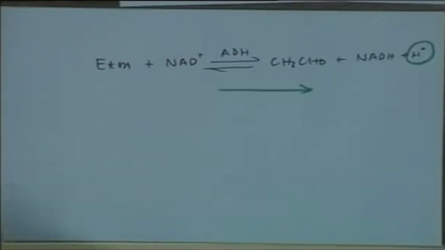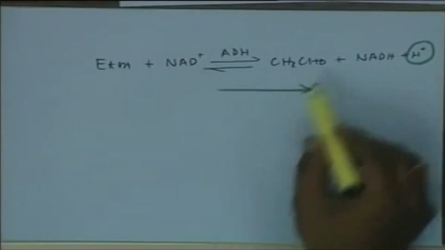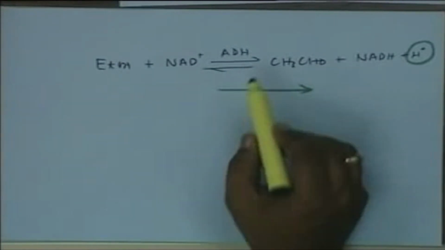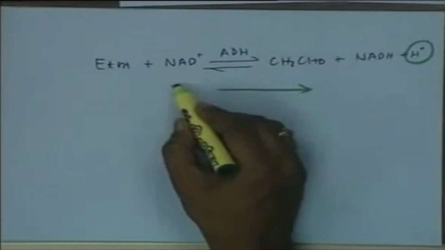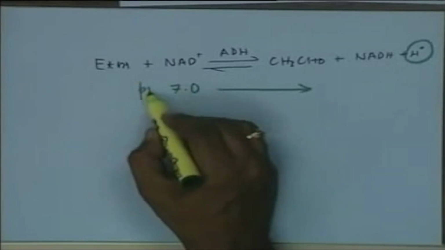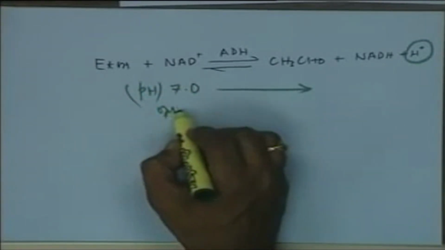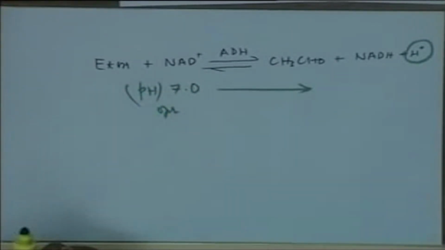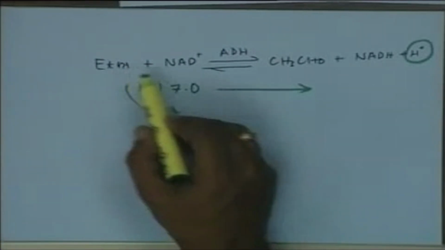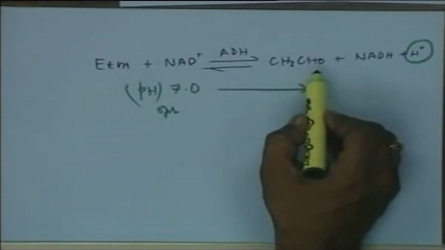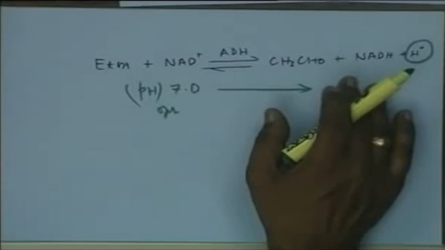Now, this shift of the equilibrium, although not directly related, must be considered in conjunction with the rate of the reaction. For example, although this reaction may have an optimum pH of, say, 7, that means the rate of reaction is maximum at pH 7, but at pH 7 the reaction may not be driven very largely in the forward direction.